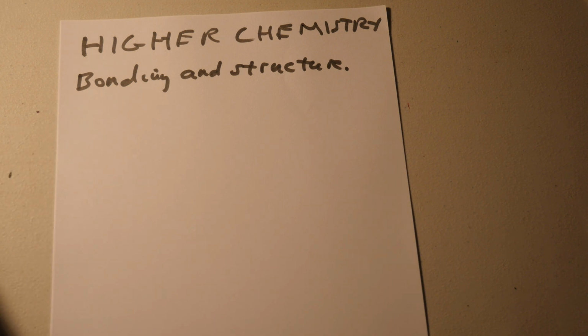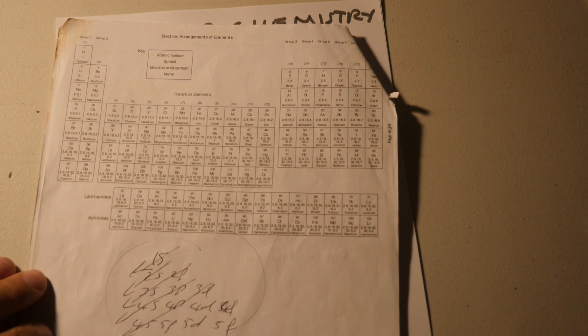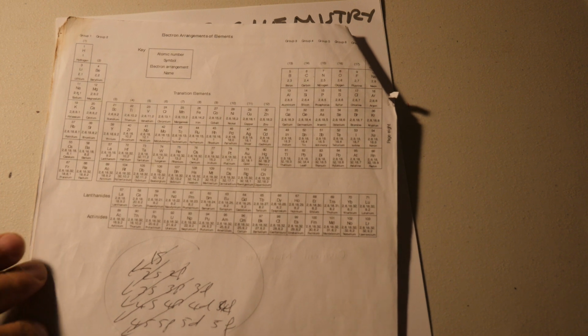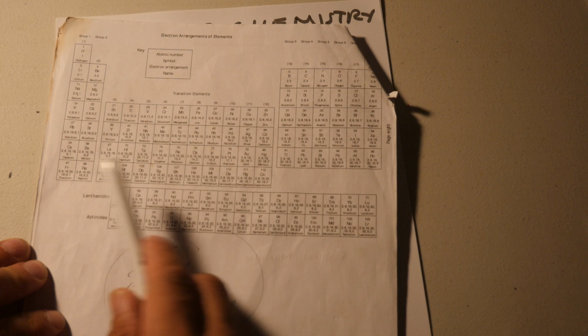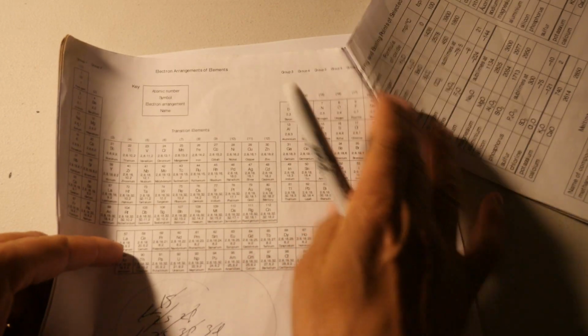Just to show you, I don't know whether you can see that. It's not very clear actually. The periodic table. This is chemistry. I want to fold it properly so it's a bit more visible.